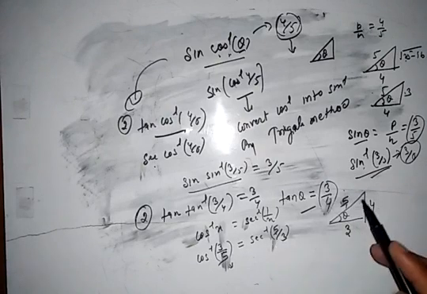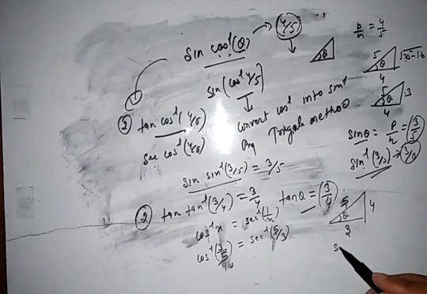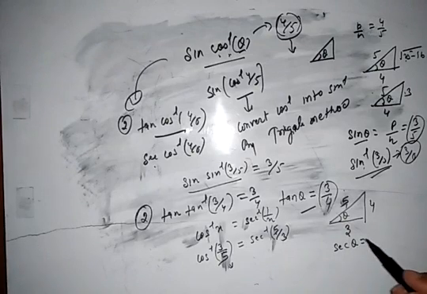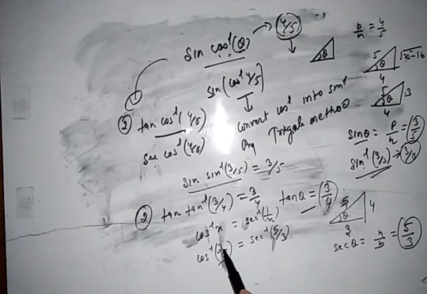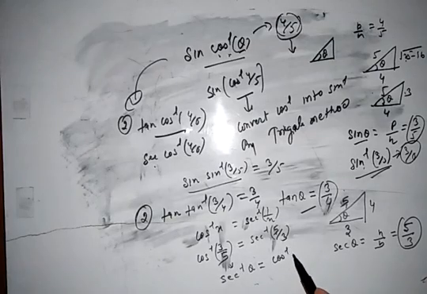If you find sec inverse x, you know that sec theta is the reciprocal of cos theta, that means h by b. Here h is 5 and b is 3. So cos inverse theta is equal to sec inverse of 1 by theta. The concept is, if theta is given then you can find the inverse reciprocal, and vice versa.